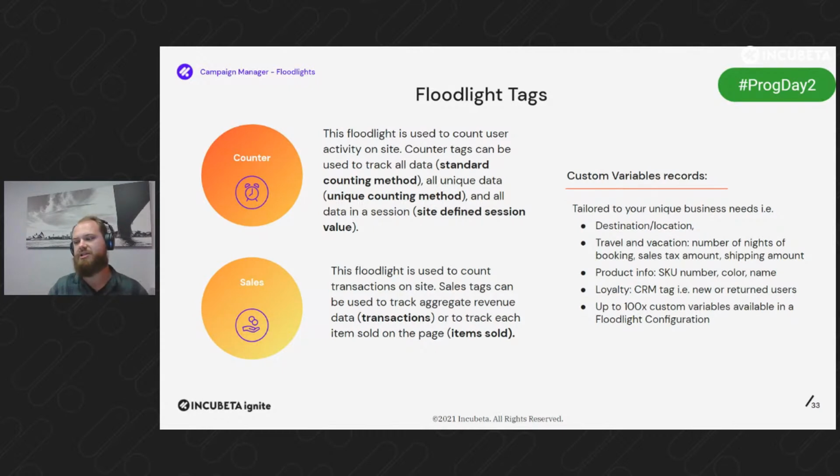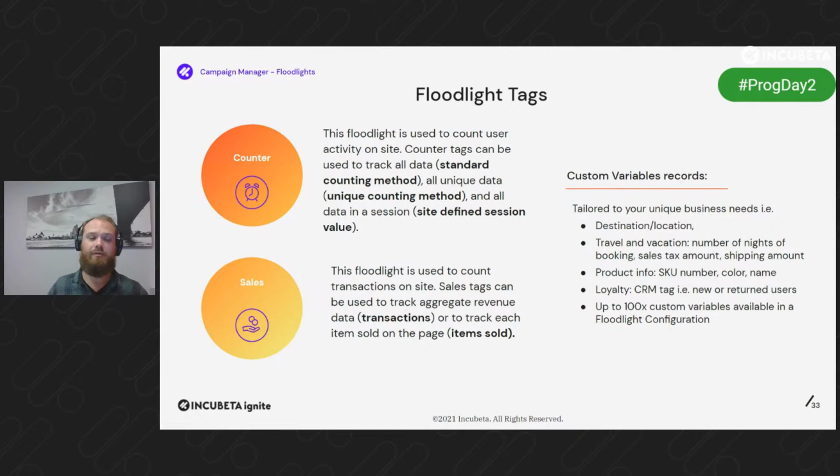And then our next section is our sales variable. Our sales floodlight tag, as the name would suggest, tracks revenue. So revenue, transactional data. And we're also able to track the number of items sold as well. So if you're in an e-commerce environment, your sales floodlight tag is really important.